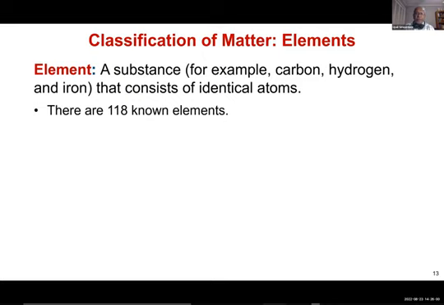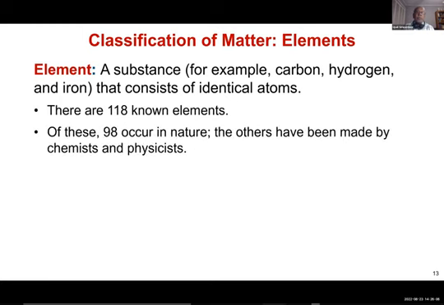They have a different structure of the atom. Out of these 118, 98 elements are found in nature. The rest, about 20, are radioactive.